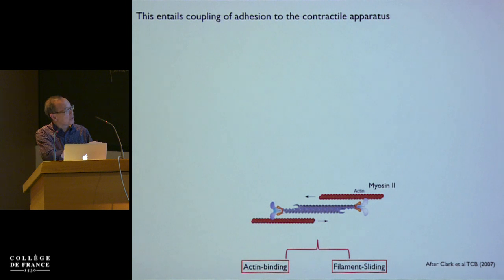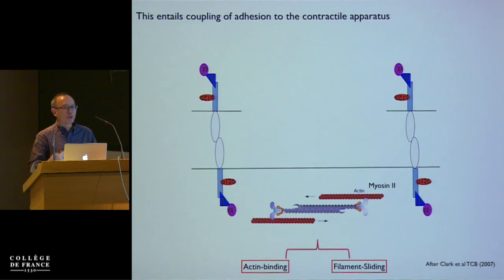The dominant principles needed for force generation are then obviously both actin binding and filament sliding. And the ability of actomyosin to generate tensile forces on junctions requires that they be physically coupled to those adhesion systems, and that occurs probably via a number of molecular mechanisms.